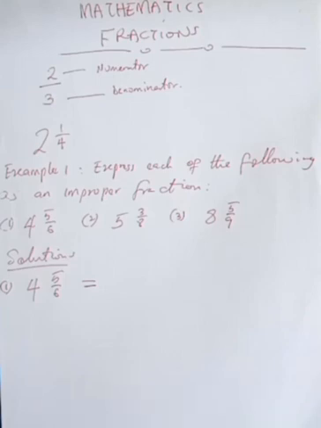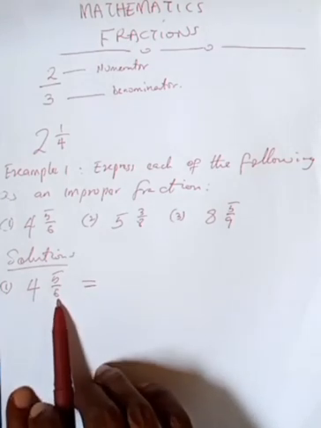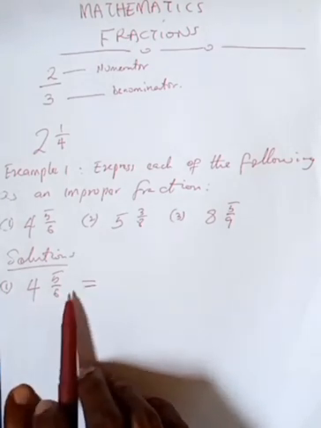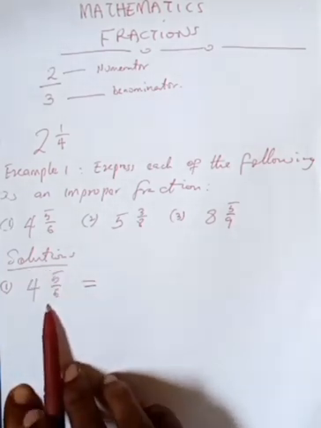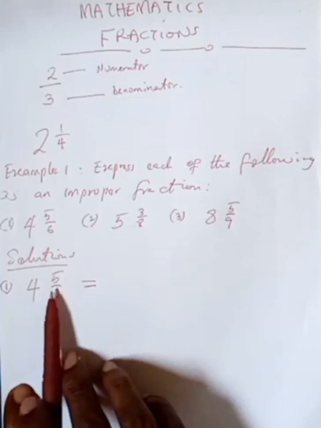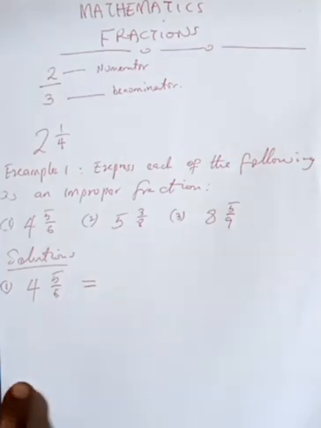The step is this: the denominator, we allow it to multiply the whole part of this number, and the result we get will be added to what? To the numerator. That process is how a mixed number can be converted or rewritten in improper form.